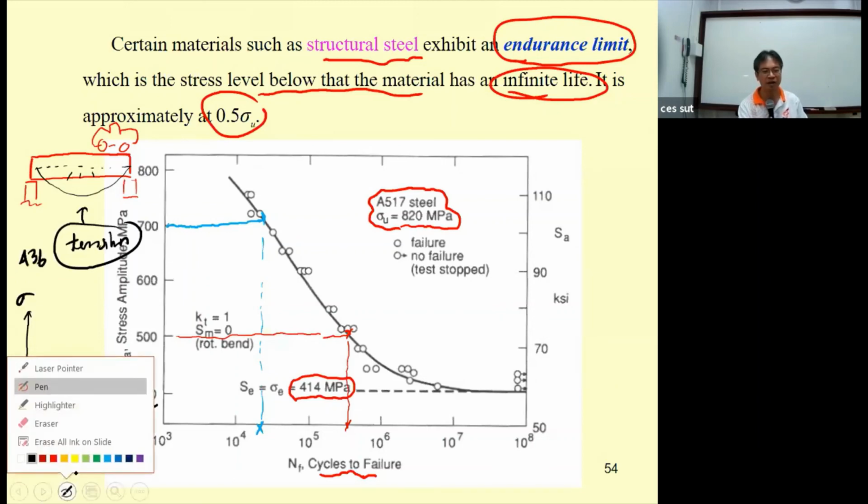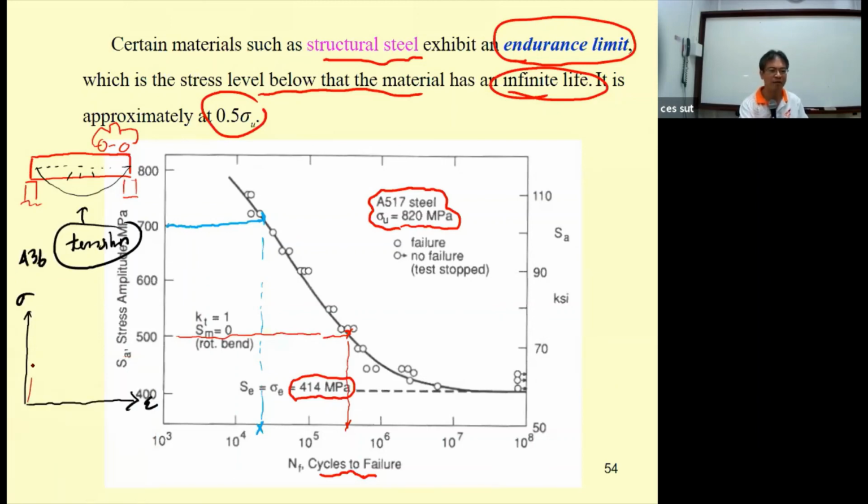But luckily, in our civil engineering applications of steel, such as A36 or typical structural steel, we have the behavior of the stress-strain diagram like this. We have sigma sub y of 250 megapascal, and with the safety factor, sigma allowable equals 250 divided by 2, about 125 megapascal.